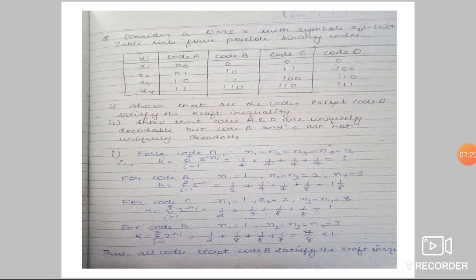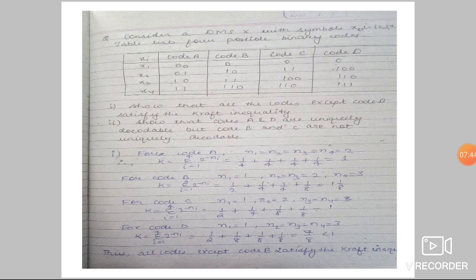For code C, x1 has a code length 1, x2 has a code length 2, and x3 and x4 have a code length 3. For Kraft's inequality, summation i equals 1 to 4 of 2 raised to the power minus ni, we will get 1 by 2 plus 1 by 4 plus 1 by 8 plus 1 by 8. So we will add these and we will get 1.